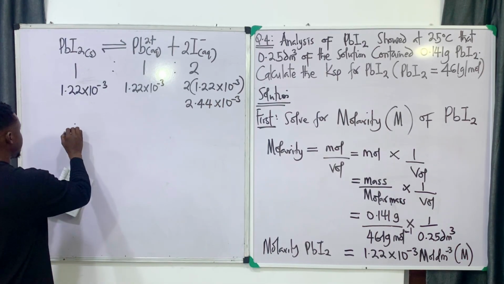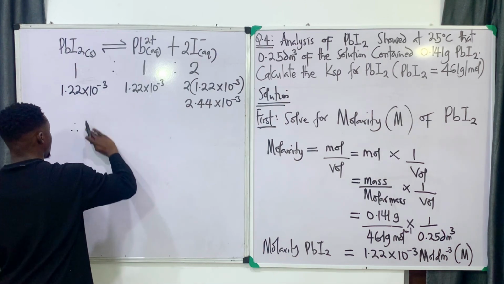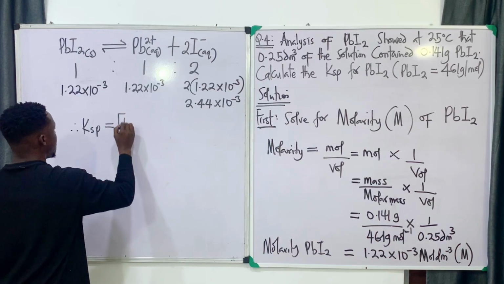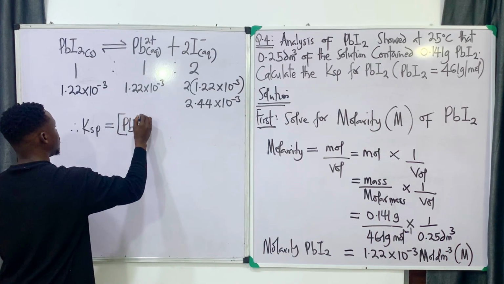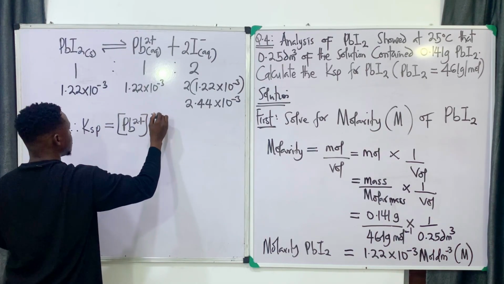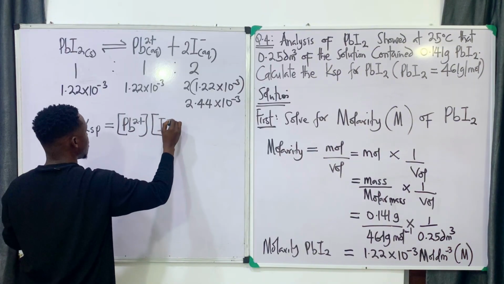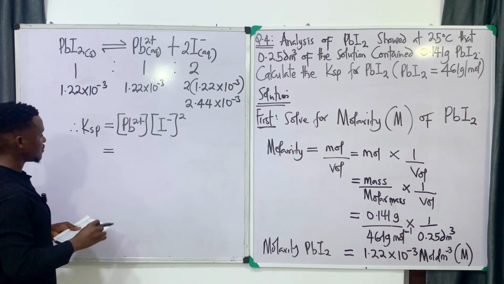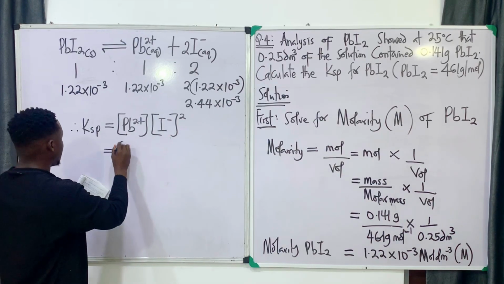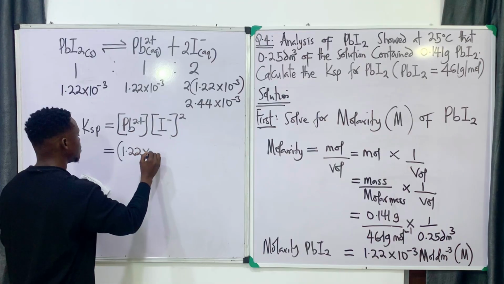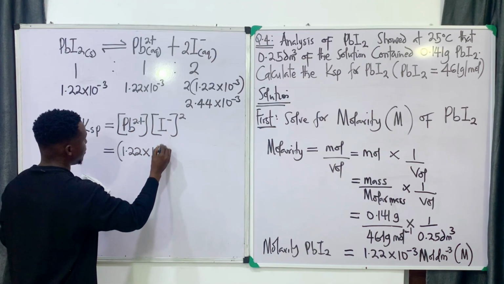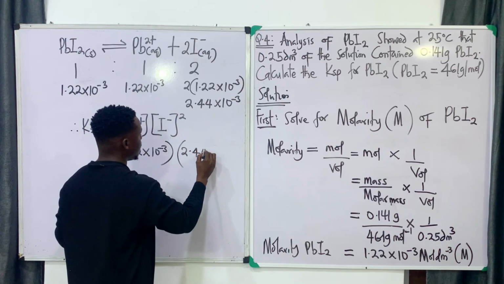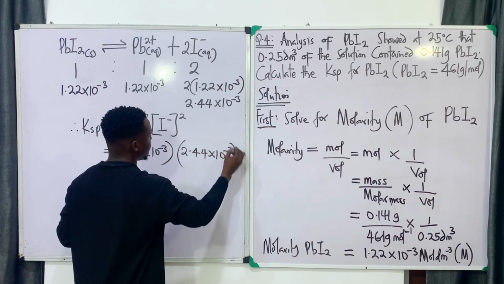So therefore, my Ksp is equals to Pb2+ raised to 1 into I- raised to 2. So anywhere I see Pb2+, I'll put 1.22 times 10 raised to minus 3. Anytime I put this, I'll put 2.44 times 10 raised to minus 3.